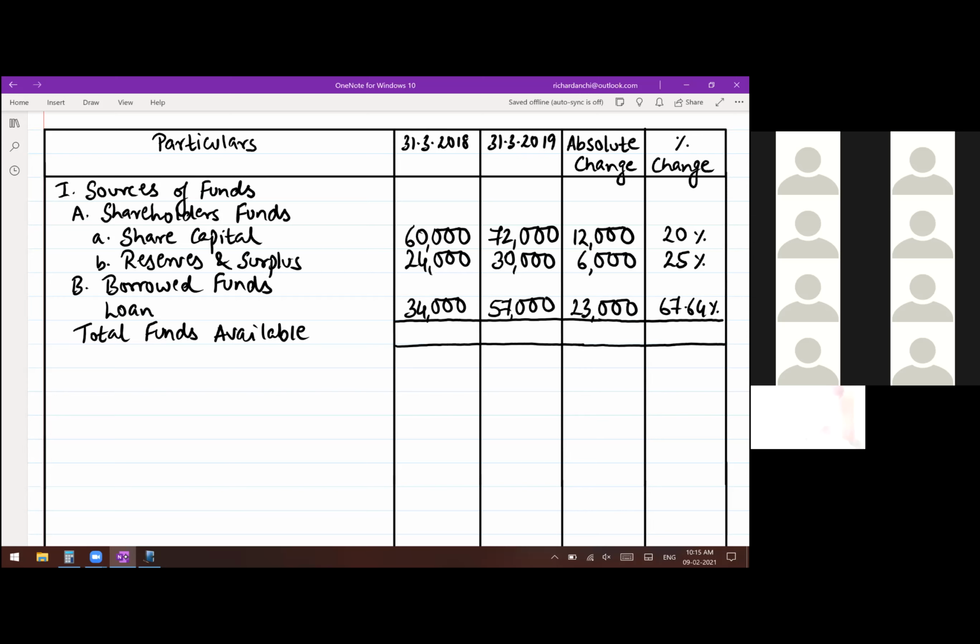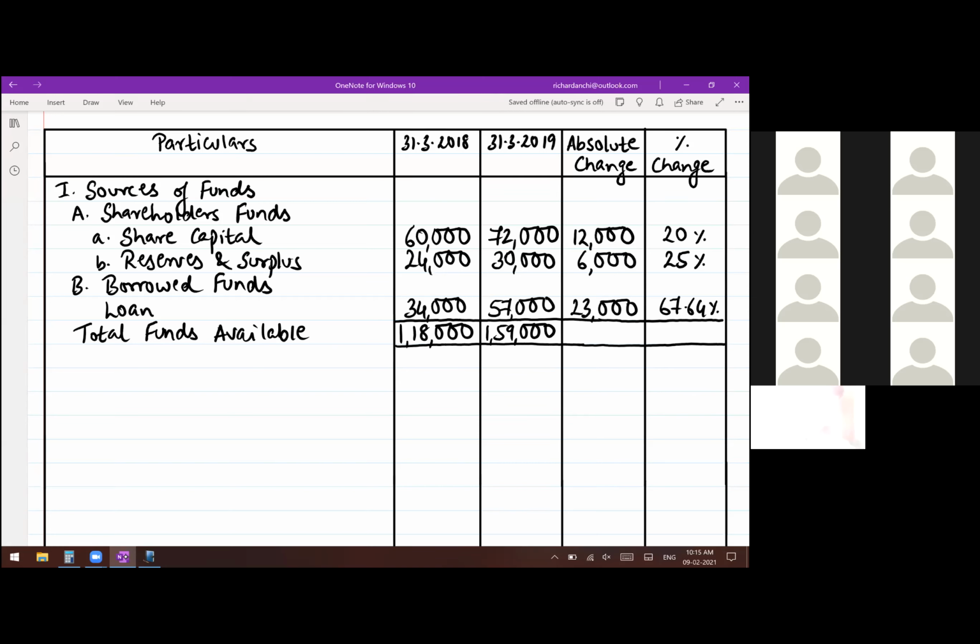Add up and tell me 2018, what is the total? One lakh 18,000. Then 2019. 1,59,000.